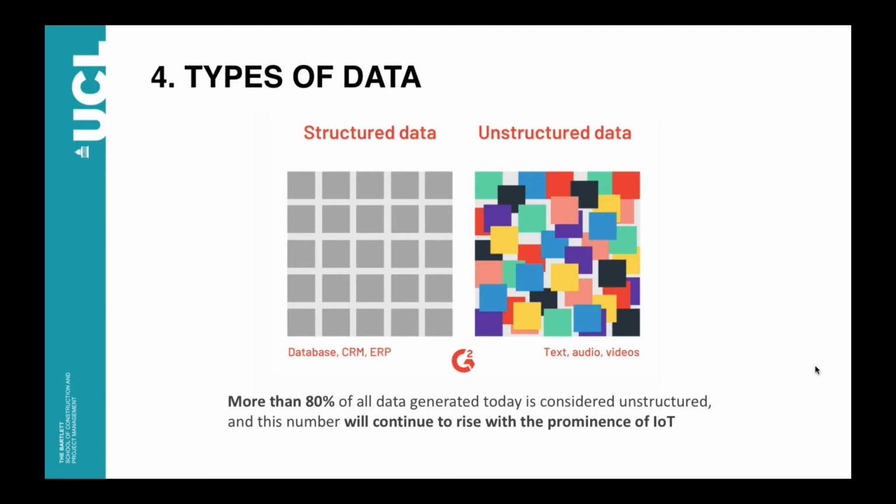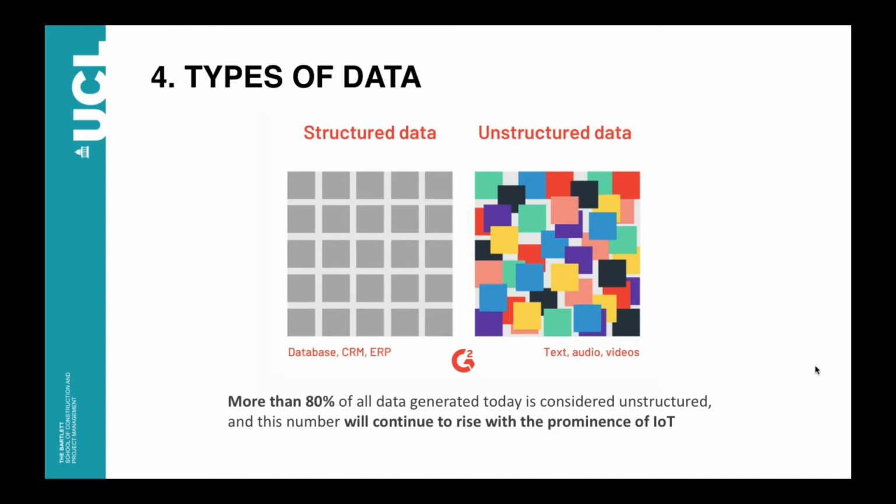If we delve into data analytics, we need to understand the different types of data. Roughly, we can distinguish two different types of data. The structured data, like databases, information from ERP or CRM, and the unstructured data, which is basically text, audio, videos, other types of data that can be gathered by sensors.